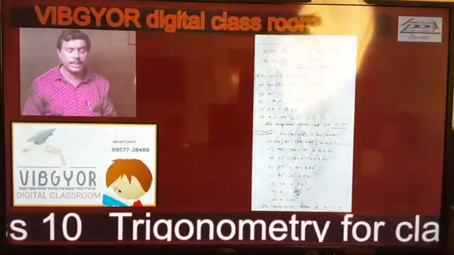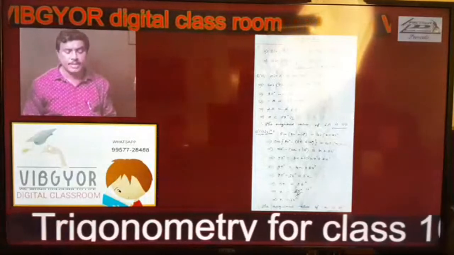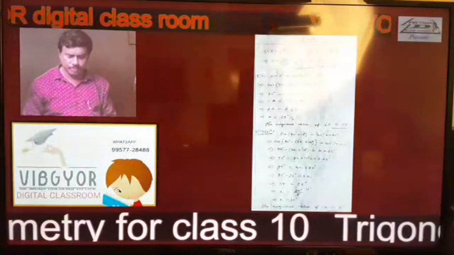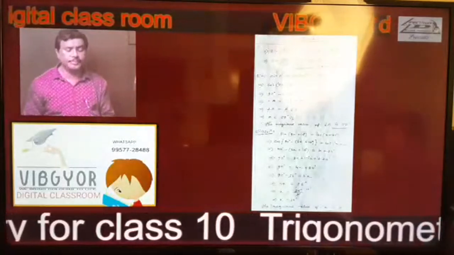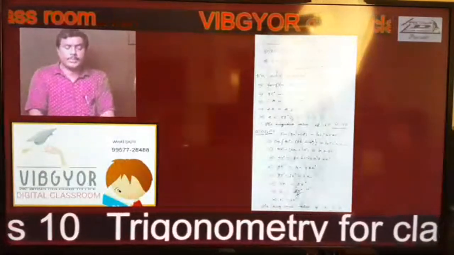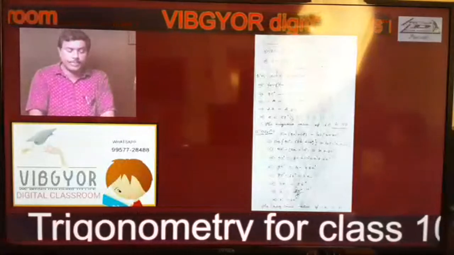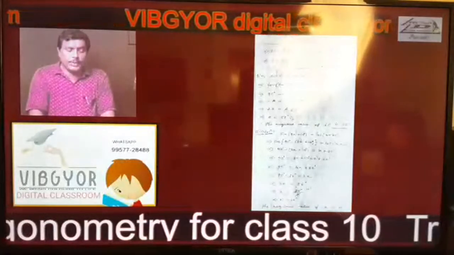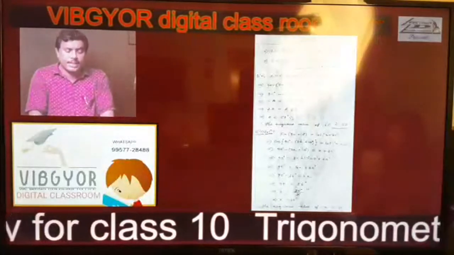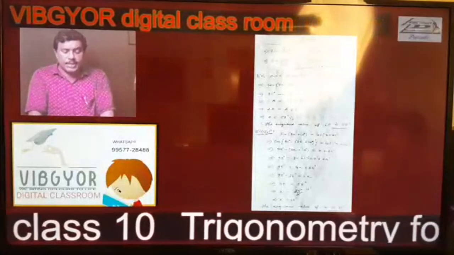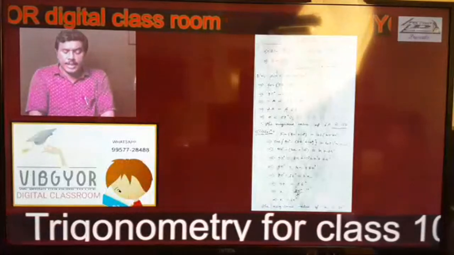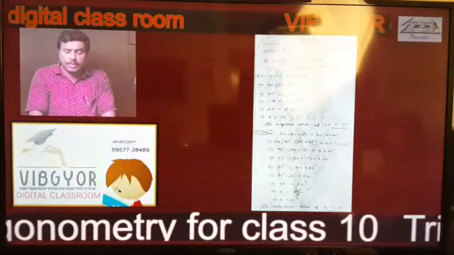If you put the degree sign, then the question will be like this: if sin of (3x plus 10 degrees) is equal to cos of (x plus 24 degrees), then find the value of x. So you write sin (3x plus 10 degrees) is equal to cos (x plus 24 degrees). We all know cos of (90 degrees minus theta) is equal to sin theta. So in place of sin (3x plus 10 degrees), we write cos of 90 degrees minus, within brackets, 3x plus 10 degrees. And on the right-hand side we do not change anything.